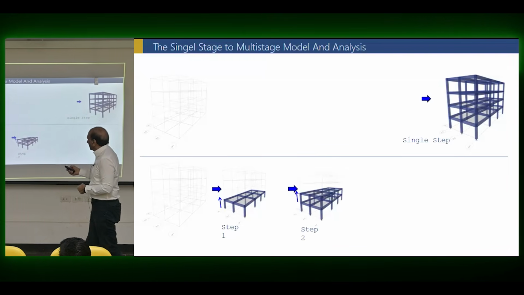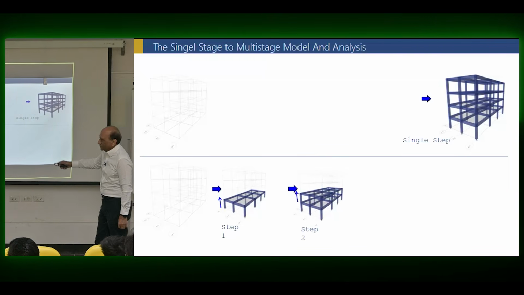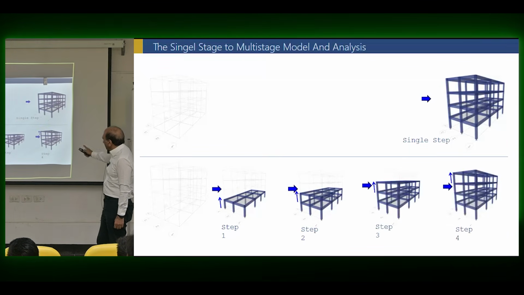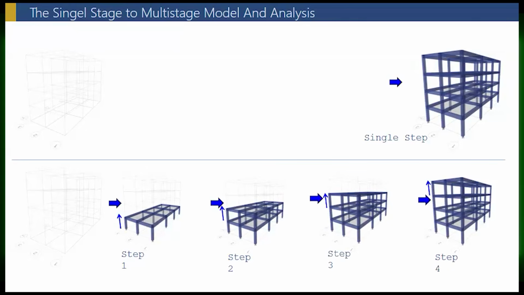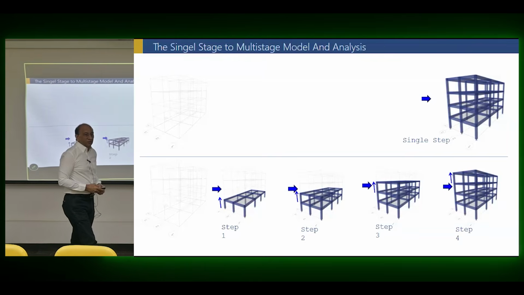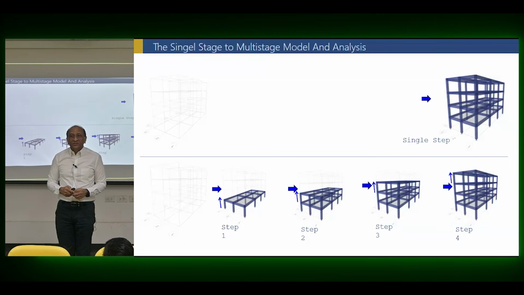Then you add one more floor, step number 2, then one more, until you are complete. So the construction analysis happens 4 times: analysis number 1 with only one floor and its loads, then 2 floors, 3 floors, and 4 floors. So now you can easily see that the single stage analysis and multi-stage analysis are grossly different.